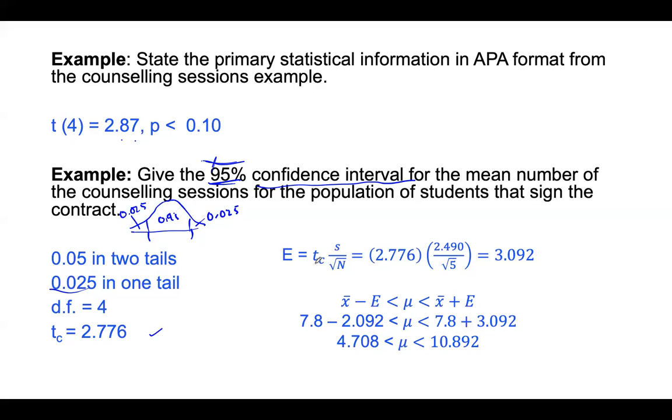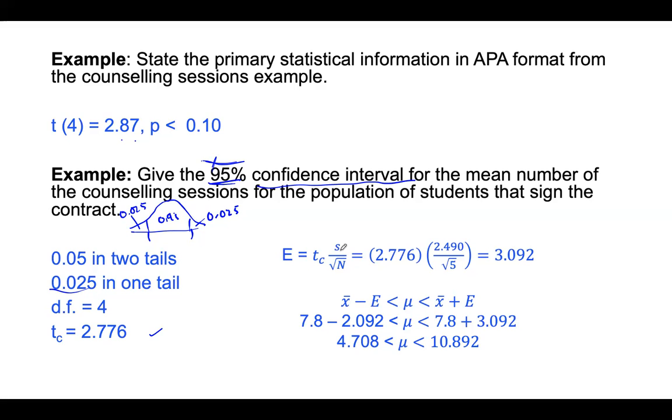So we get that, and we can create our E that we did before. So it's just our t critical times S divided by square root of N. We found that critical t value. We have our S divided by square root of N, and we get this. Then we could create our confidence interval.